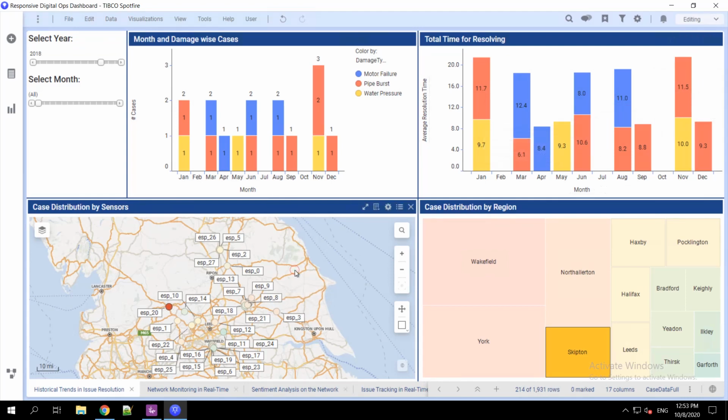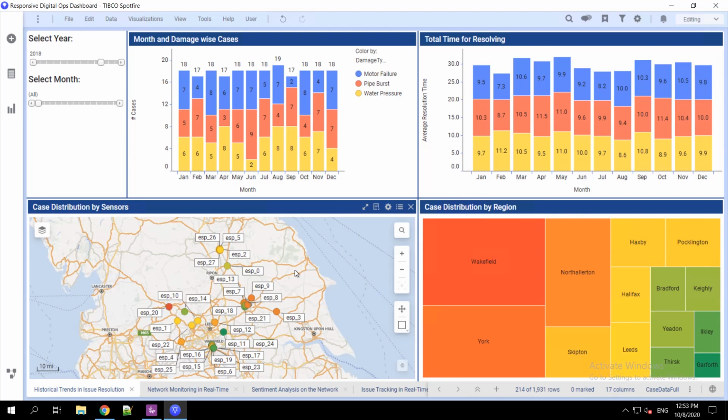So this is a simple business intelligence view that we have created, a conventional business intelligence use case that we wanted to showcase in the initial view.